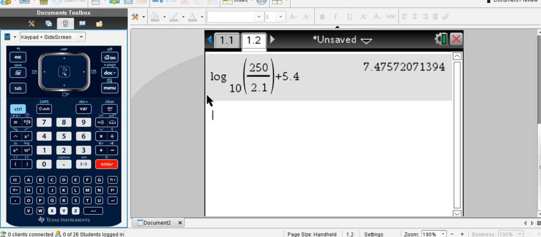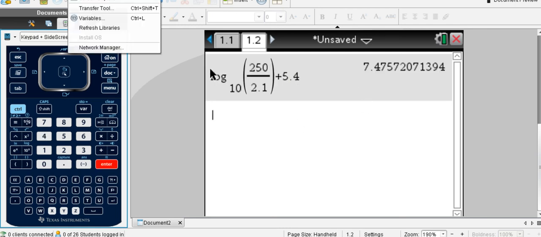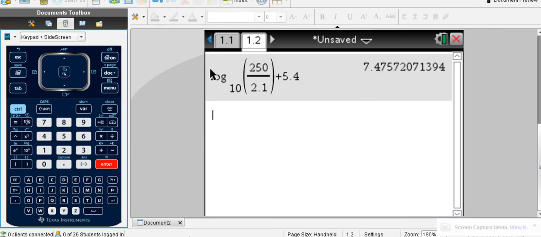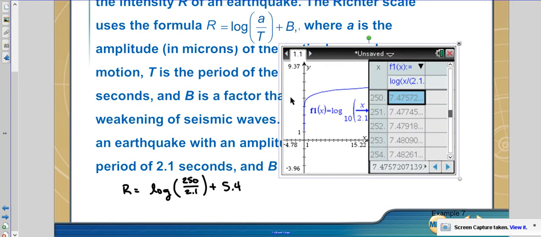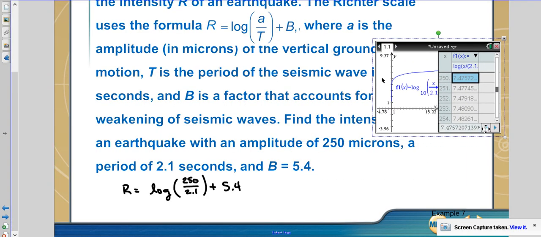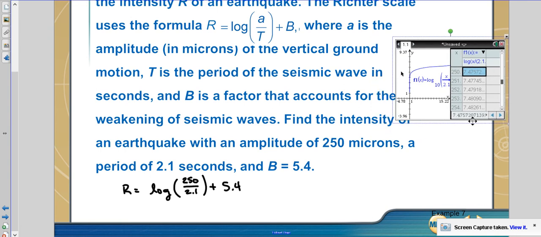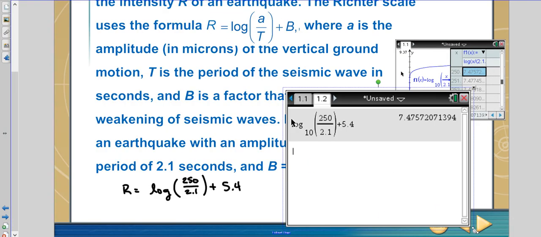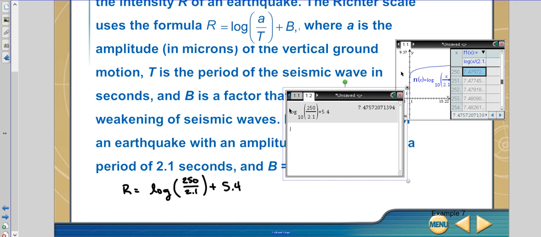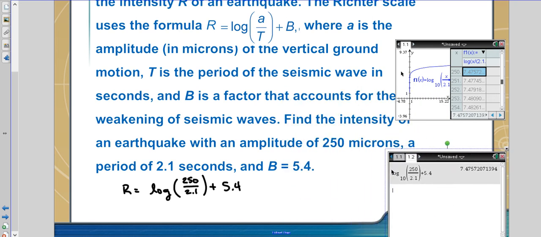And this should also give us the exact same answer. So both of these would be ways of getting the answer: you could go to the table to 250, or you could do this as well. Whichever way you prefer, both will give you the right answer.